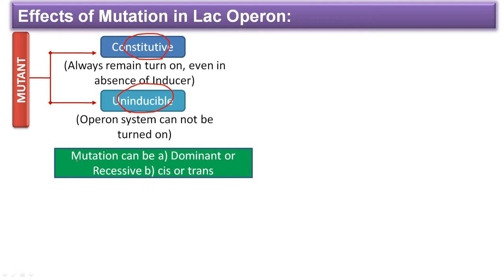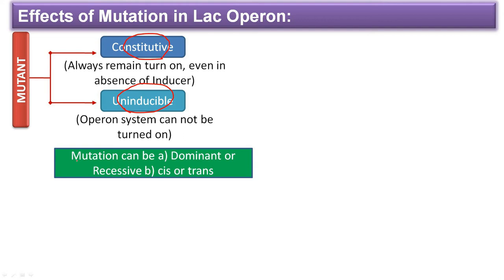Apart from this, the mutation can be classified into dominant and recessive also. In case of dominant mutation, the effect of mutation or the mutant can be seen in presence of wild type or normal gene also. Whereas in case of recessive mutation, the effect of mutation cannot be seen if the normal or wild type gene is present along with it.